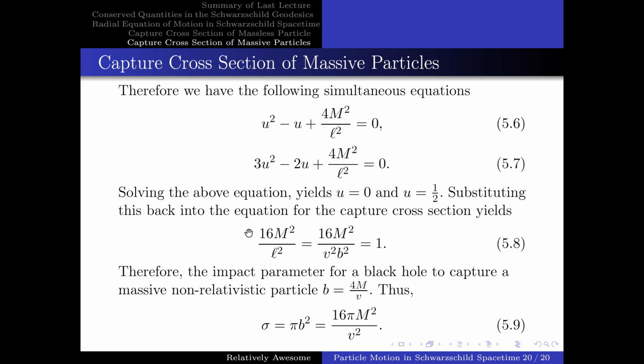And substituting this back into the equation for the capture cross-section, we yield the following. Therefore, the impact parameter for a black hole to capture a massive non-relativistic particle is b equals 4m over v. And thus, the capture cross-section is equal to 16 pi m squared over v squared.